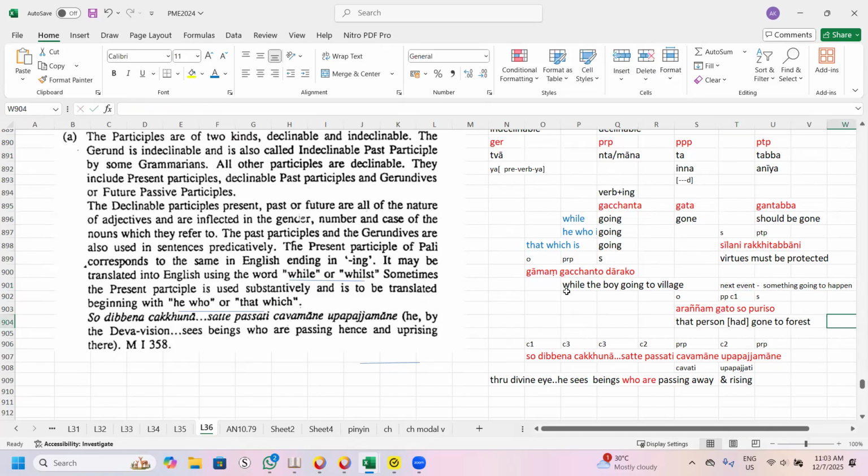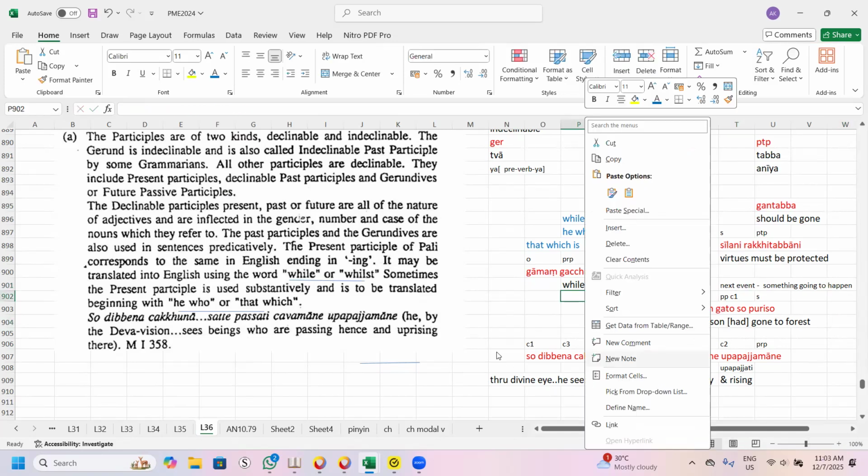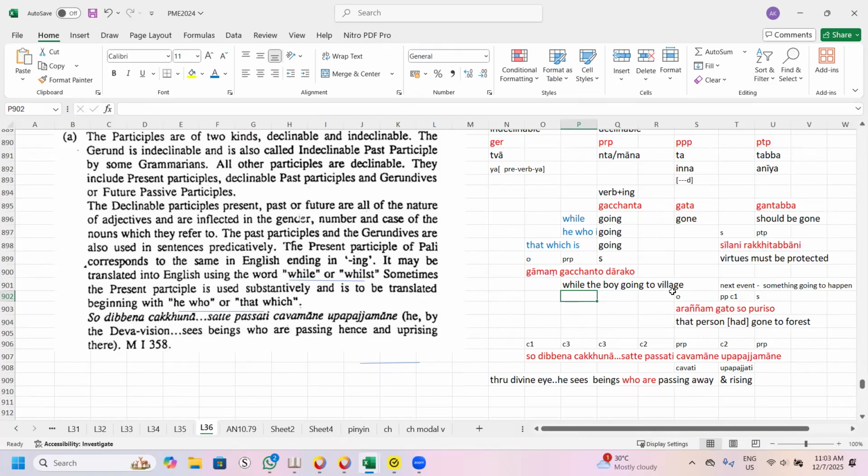Otherwise, you cannot use "while" on its own like that. For example, while he's going to the village, he found a nice garden or a nice tree or something, so there is a next event going to happen. Otherwise, because you already have the subject, you don't have to use "he who". If you have no subject, you may put "he who". So that is the application of this.